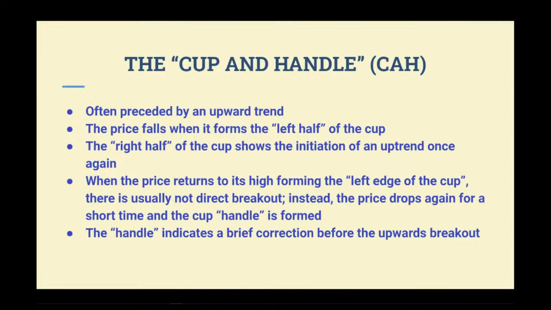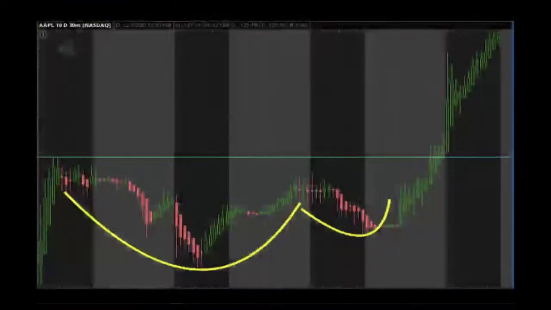When the price returns to its high, forming the left edge of the cup, there is usually not a direct breakout. Instead, the price drops again for a short time and the cup handle is formed. So what does this mean? It means that you're in an uptrend and you're going to see a small correction which is going to form the handle of the cup. The handle indicates a brief correction before the upwards breakout. So that's what I just said.